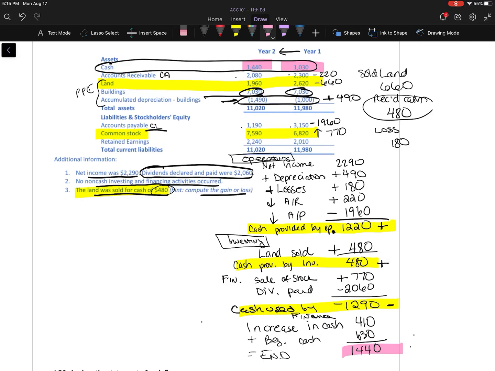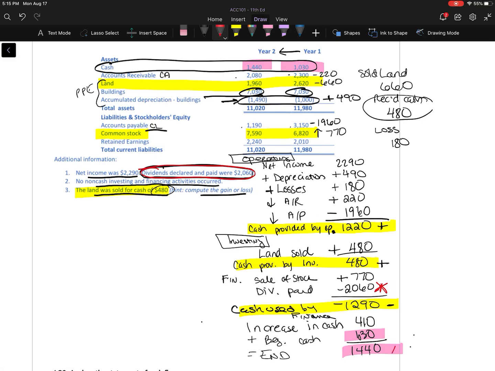Okay. And it does. I just did the quick math here, and it equals 1440. That equals our ending cash. So see how we added beginning cash to confirm that ending cash equaled. So that is when you know that you've done the statement correctly.